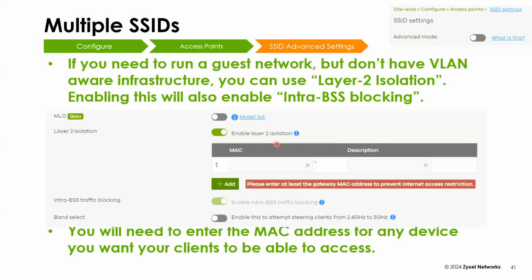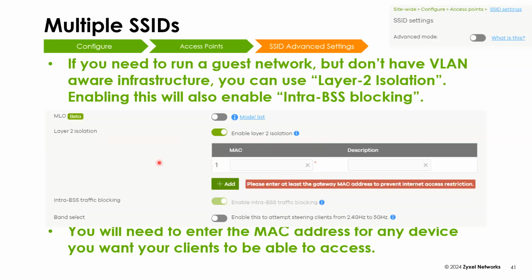This basically blocks all outbound traffic from wireless users unless that traffic is going to a whitelisted MAC address. The most common way of using this is you put the MAC address of your gateway as the only device they can send traffic to, so they can only access the internet.